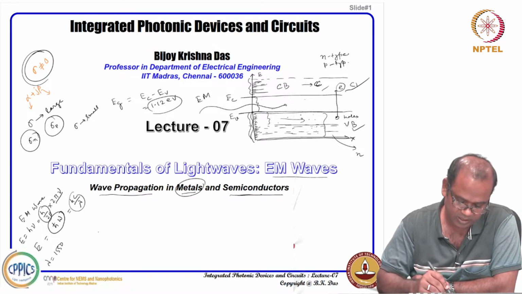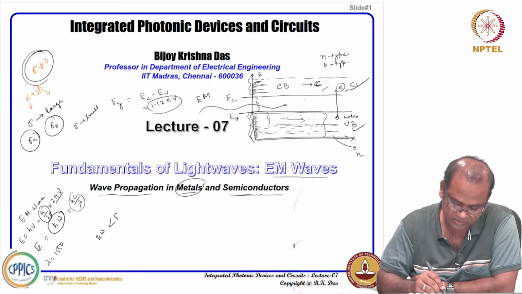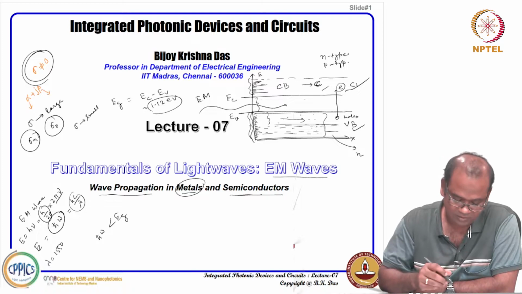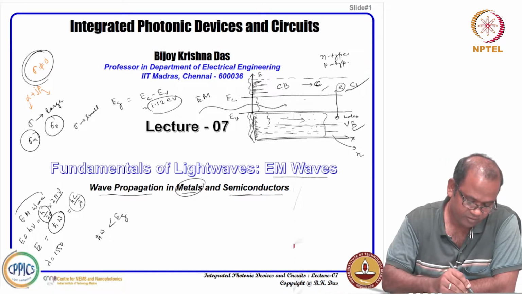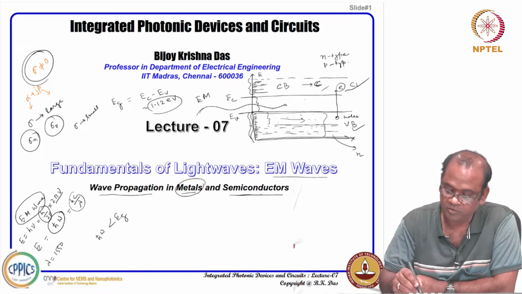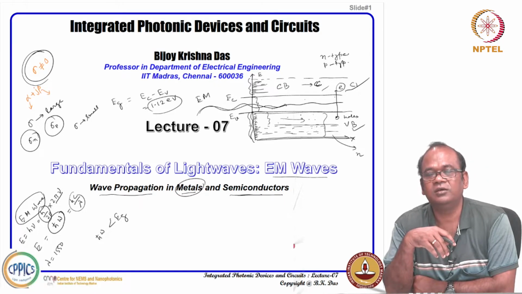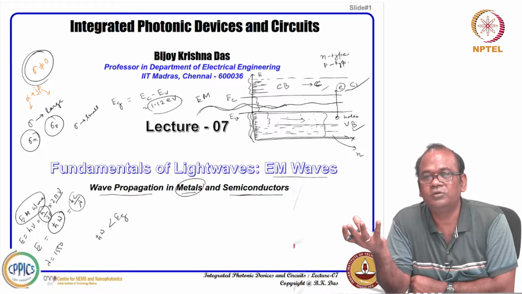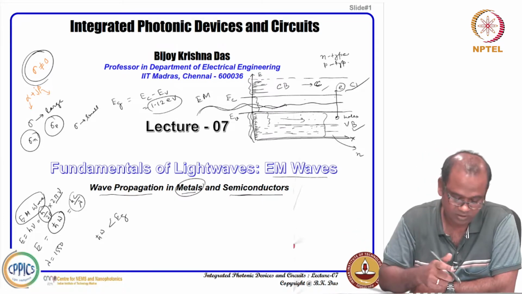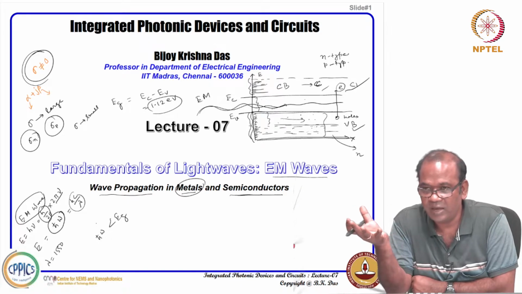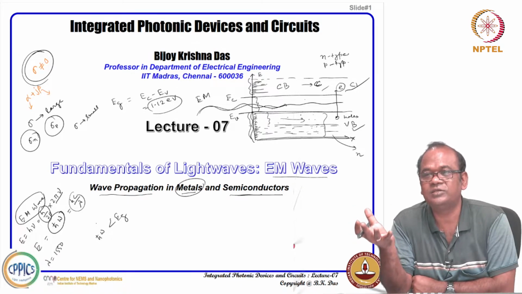If this photon energy h bar omega is less than Eg, the band gap, then that electromagnetic wave can actually propagate inside the semiconductor as if it is a lossless dielectric medium.